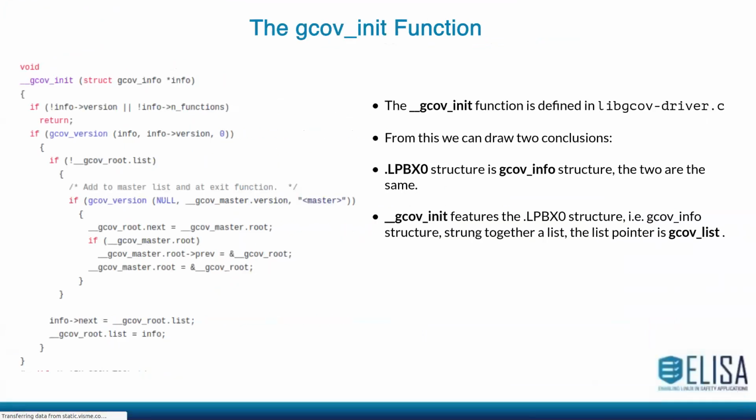In GCC, inside libgcc, there's a file called libgcov-driver.c. And by looking at this code, gcov_init, we can draw a few conclusions: gcov_init calls gcov_info, and this gcov_info is basically our .LPBX0 data structure. You can see that the numbers will line up, and all of these are strung together in a linked list.